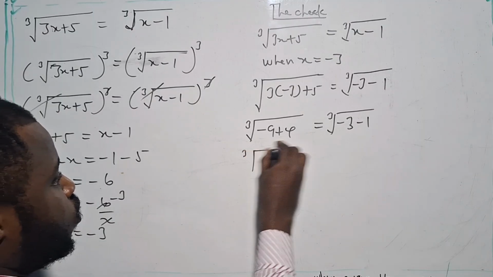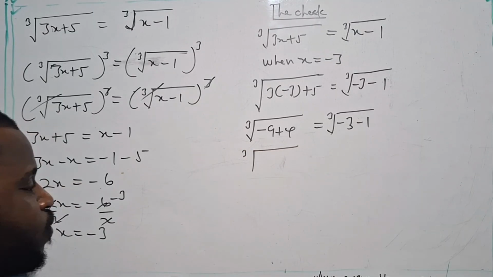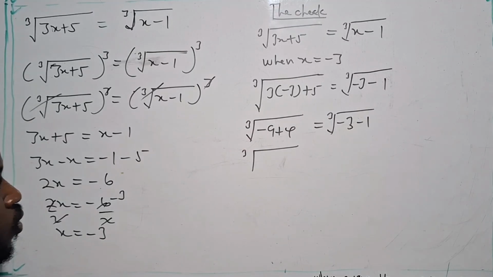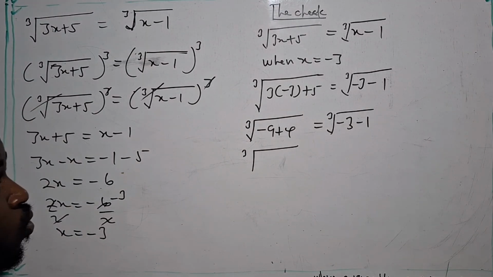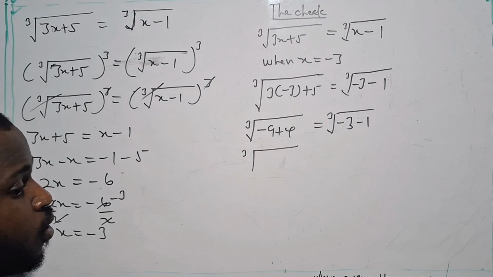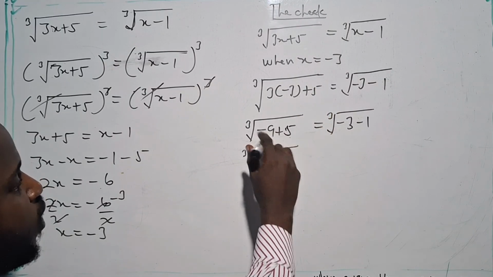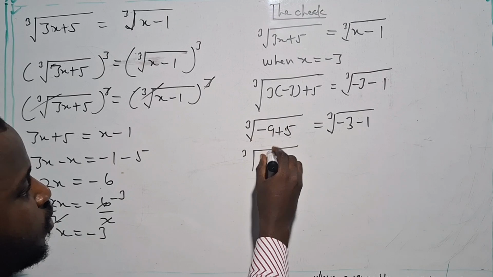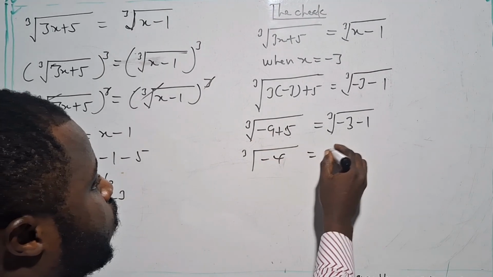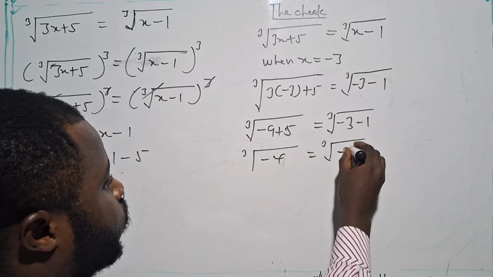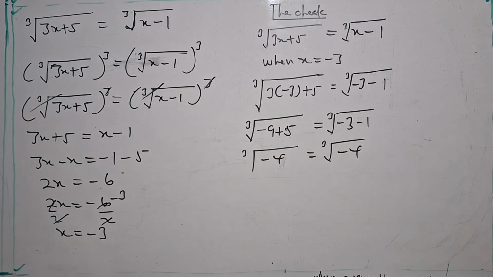So the cube root of negative 9 plus 5 is going to give us negative 4, so here we get the cube root of negative 4.